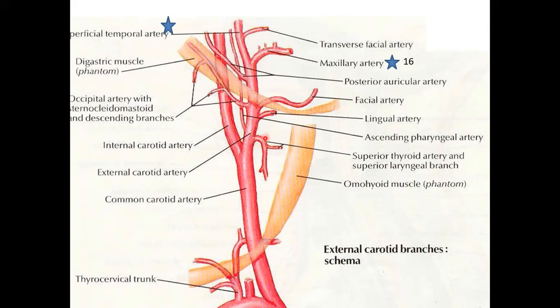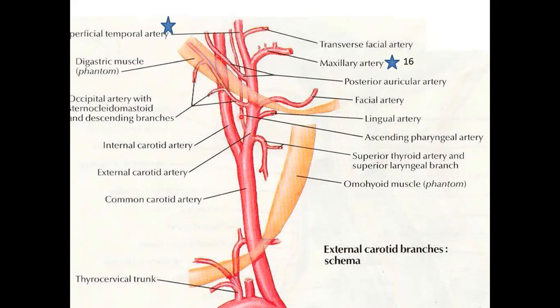So we've already mentioned superior thyroid artery going to give blood supply to the thyroid gland. It also makes a note here of the superior laryngeal branch coming off of superior thyroid artery. So superior thyroid artery is the first branch. And then you have ascending pharyngeal.